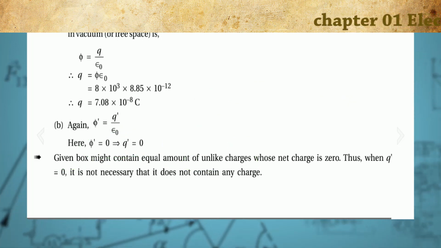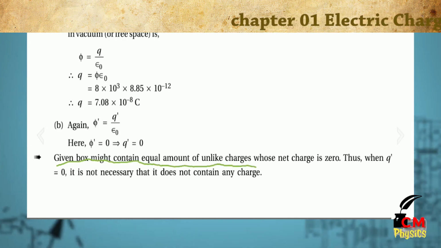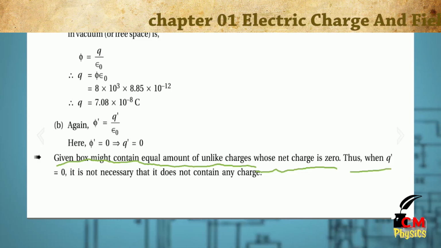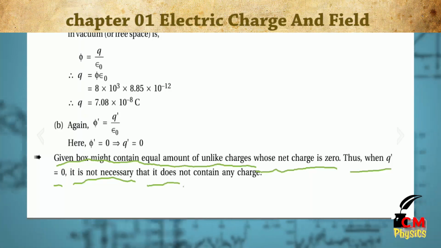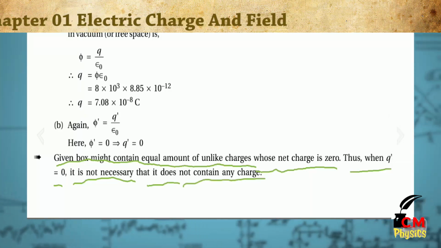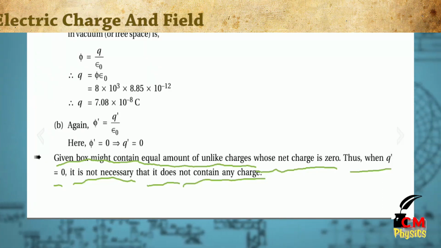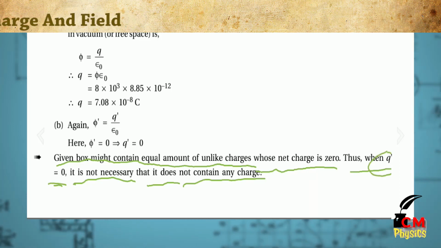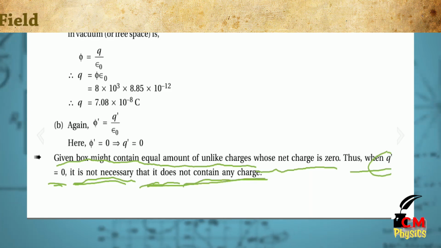If the given box may contain an amount of unlike charge whose net charge is 0, then when q is equal to 0, it does not mean it does not contain any charge. When phi is 0, it is not necessary that it does not contain any charge.